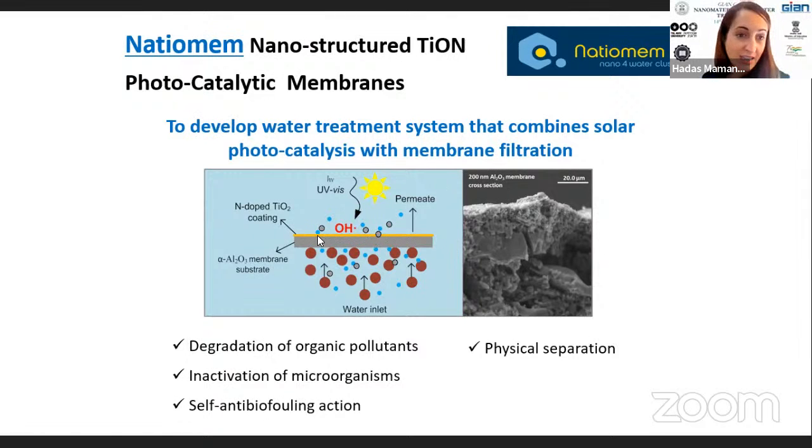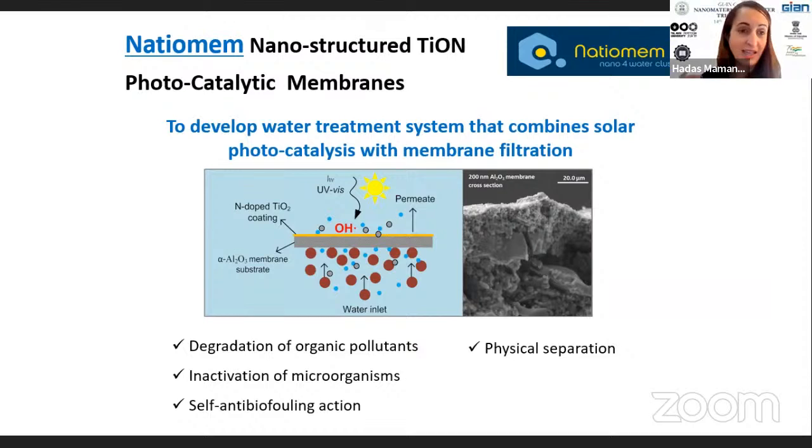We coated the ceramic membrane with N-doped titanium dioxide, with various types of coating methods. This project was a collaboration with many groups, and each group had expertise in a different coating technology.